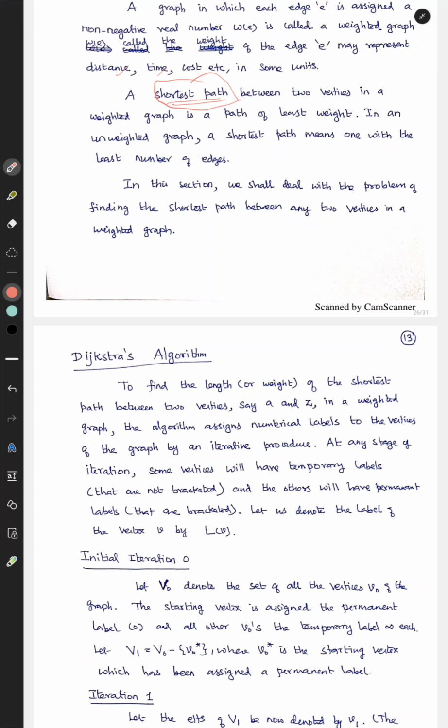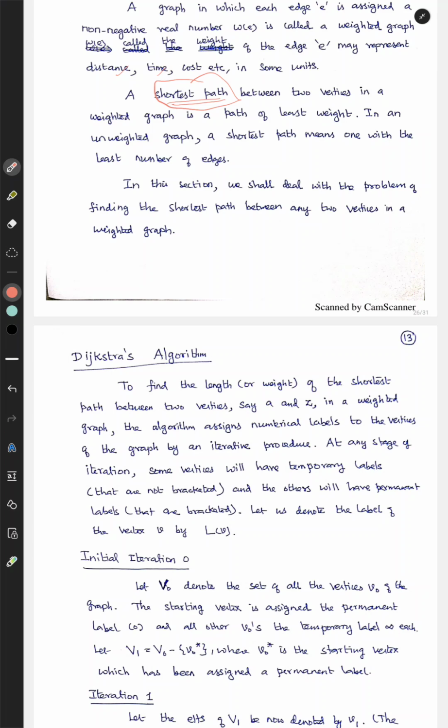So the shortest path between a pair of vertices in an unweighted graph becomes the path with the least number of edges. In a weighted graph that need not be the case. Depending on the weights, a shortest path can contain more edges than another path, but its sum is smaller.